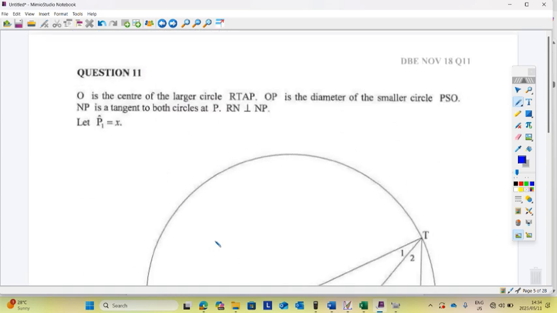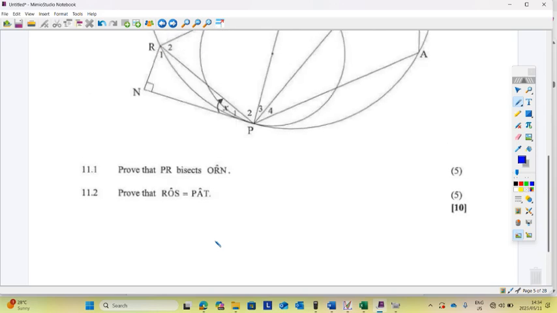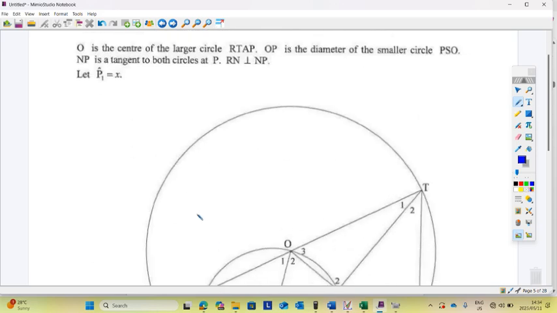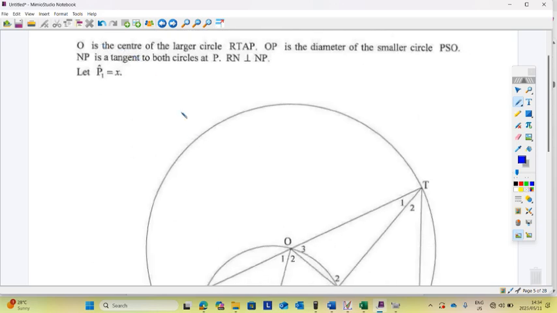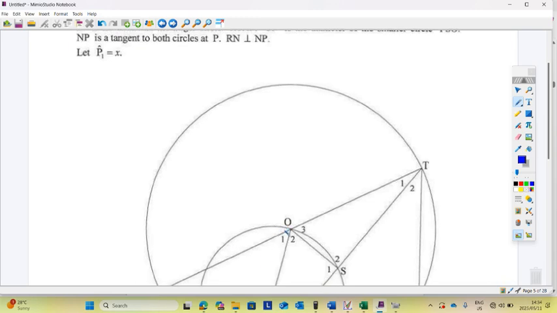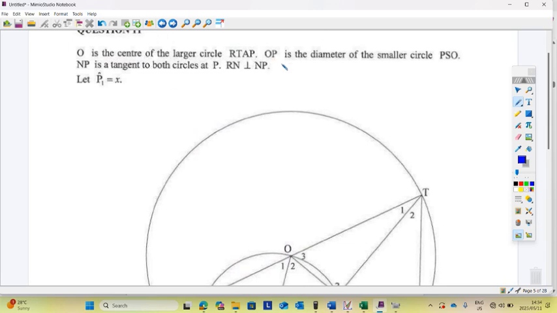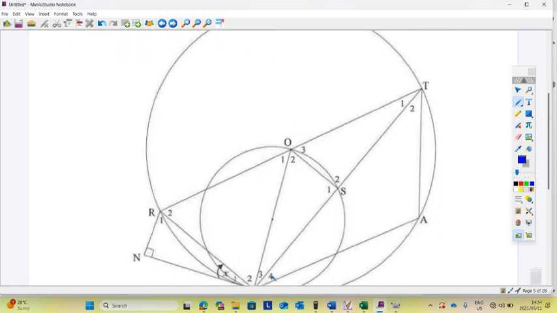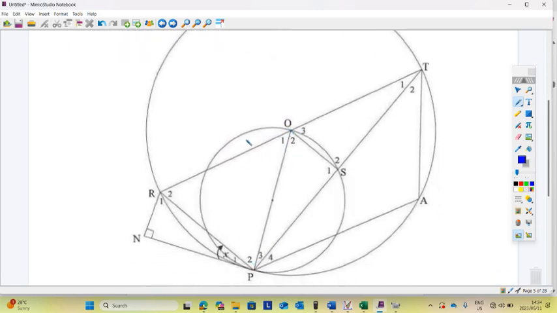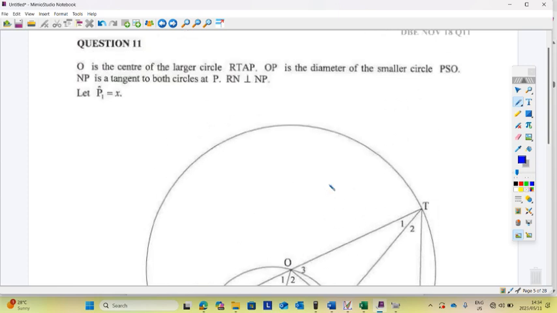Let's go to the last question. In this question, we are told that O is the center of a large circle. Here is our O. And then OP is diameter. This is OP is the diameter for this smaller circle.